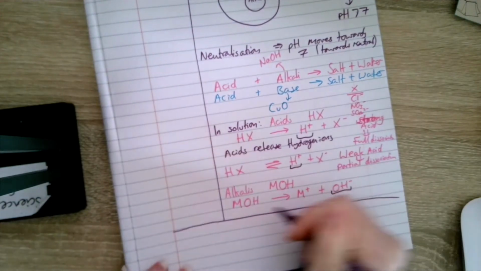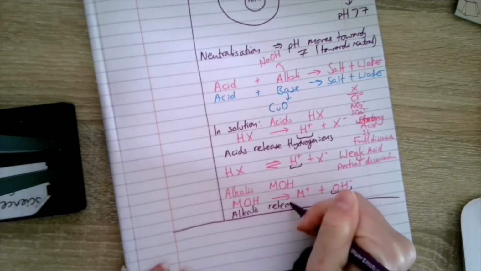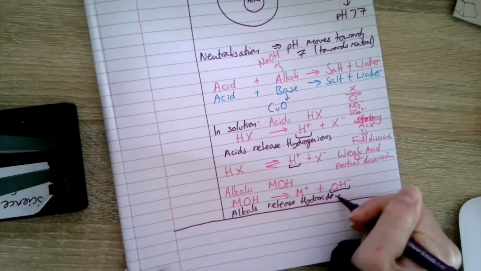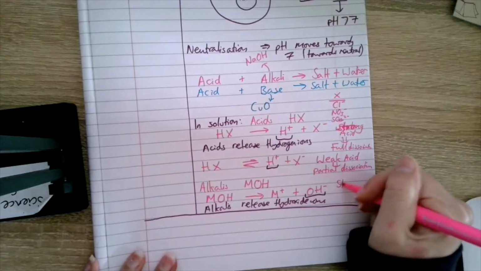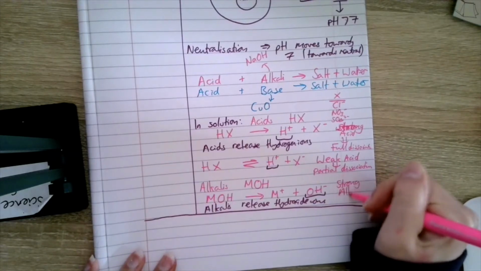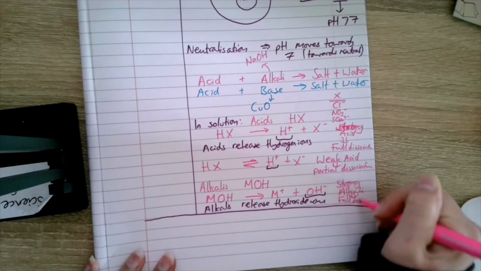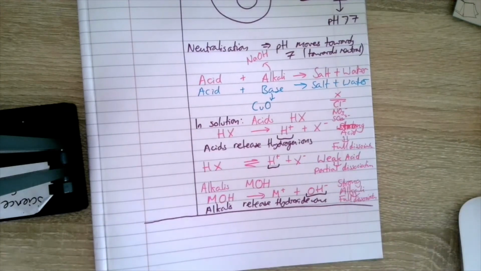So our alkalis release hydroxide ions. And again, this is an example of a strong alkali, as there is full dissociation. But we could also have a weak alkali where you get partial dissociation.